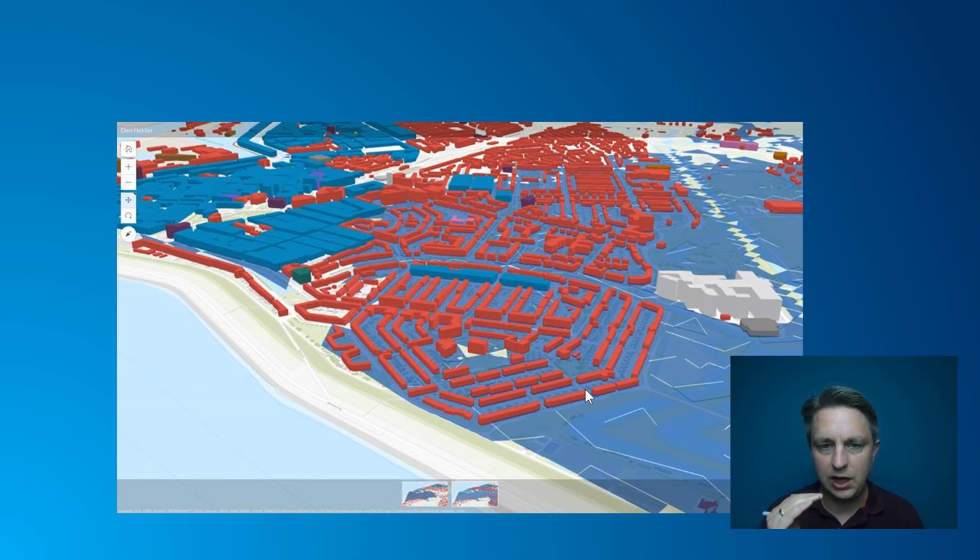So we see here the outcome of a flood simulation, the 3D buildings that are available, and like this you can color them. In this example, they are colored on the function of the building, but you can also color them on the depth of the water. You can do analysis of which stories are maybe still dry. So can people run up to a higher story, or do they need to get out and evacuate? All these kinds of analysis become available.